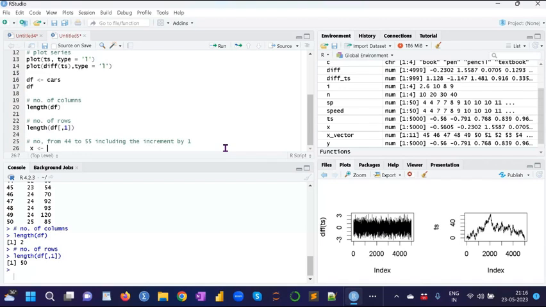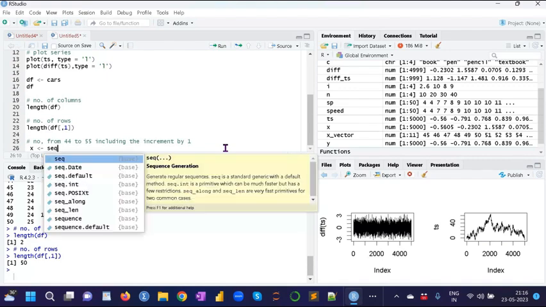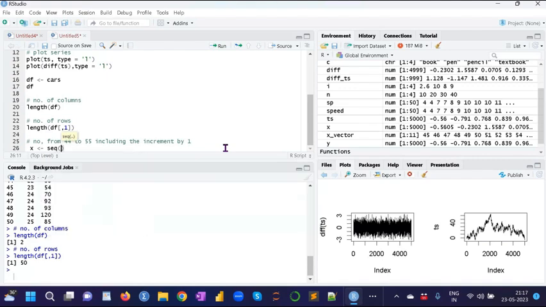X is equal to seq. Seq is a sequence where you can pass a lot of values: 45, 55, and by 1. You can give any two numbers, and it adds them.